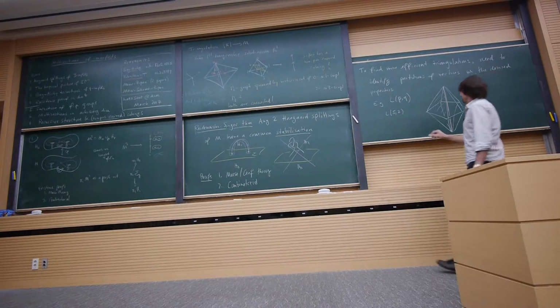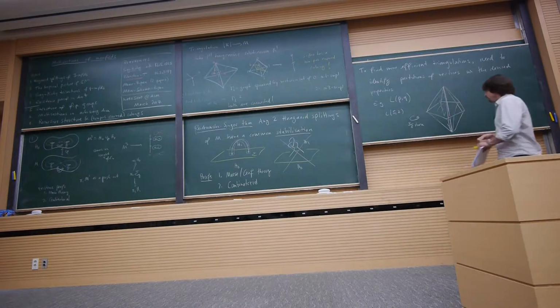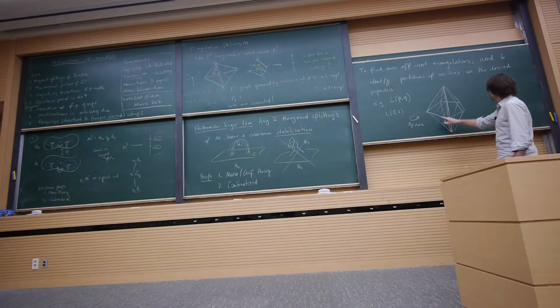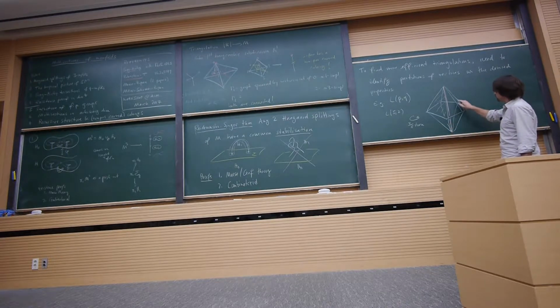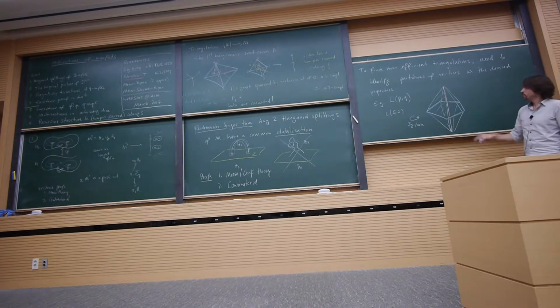What happens in doing this is that this edge here is identified with this edge here, with this edge here, with this edge here, and with this edge here. So you see that all of these edges along here are identified.